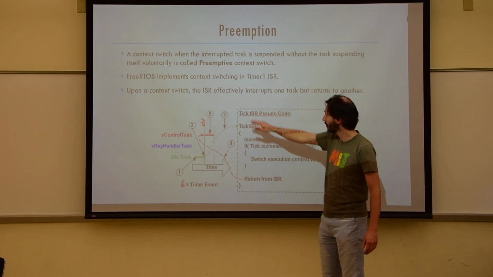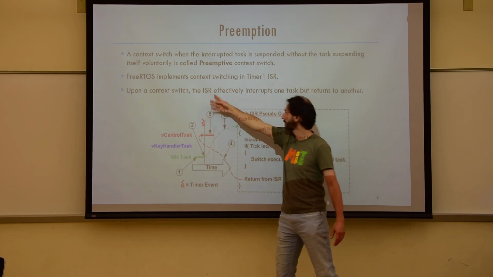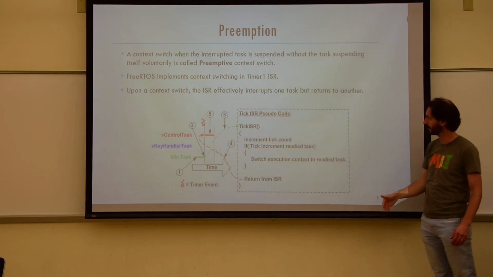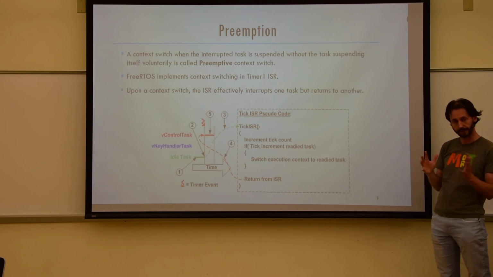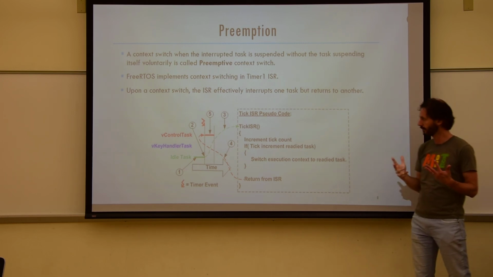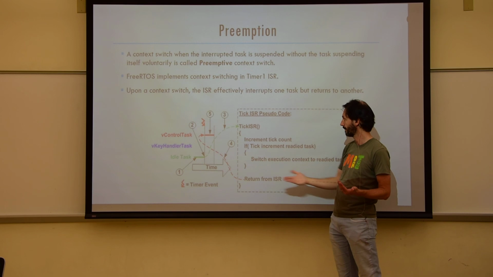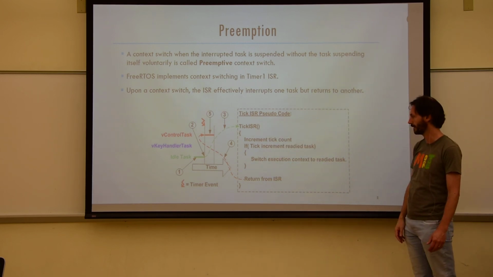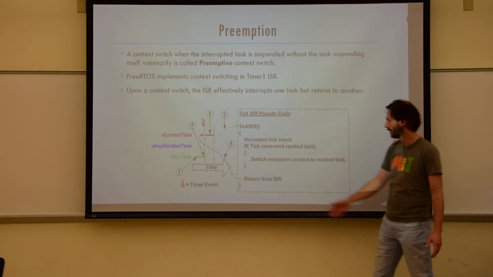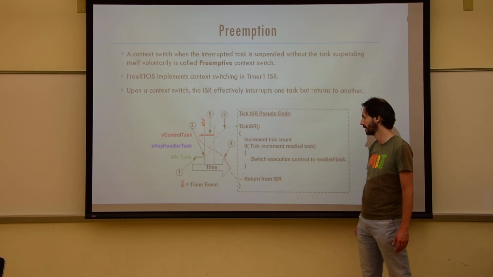Upon a context switch, the interrupt service routine effectively interrupts one task but returns to another. That's effectively what happens. The interrupt service routine does something like this: increment the tick count.